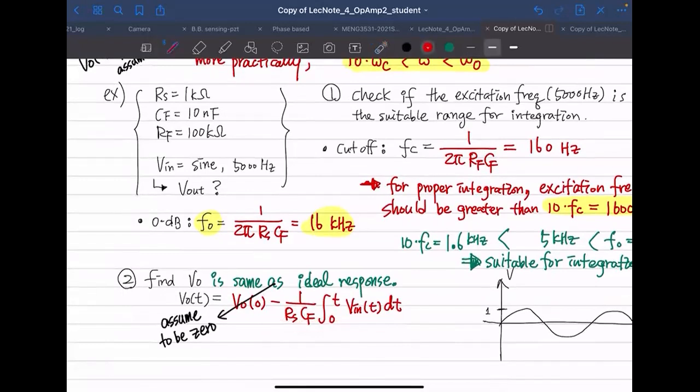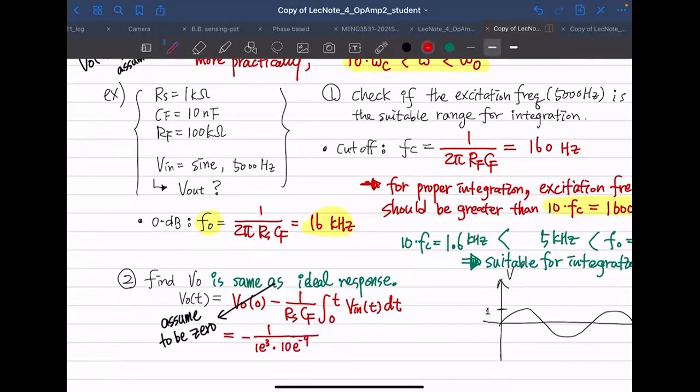And continue doing the math. It's 1 over Rs, which was 1K, so it's going to be 1 over 10 to the third, times Cf, which is 10 nano, so 10 to the negative 9, right?